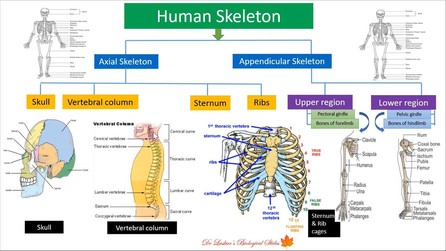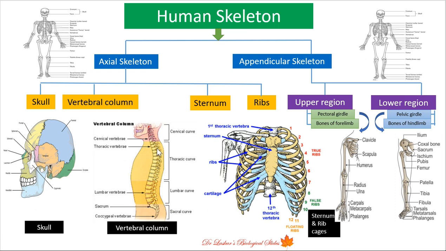Each vertebra has a central hollow portion known as the neural canal through which the spinal cord passes. The first vertebra is known as the atlas and it articulates with the occipital condyles and supports the head.